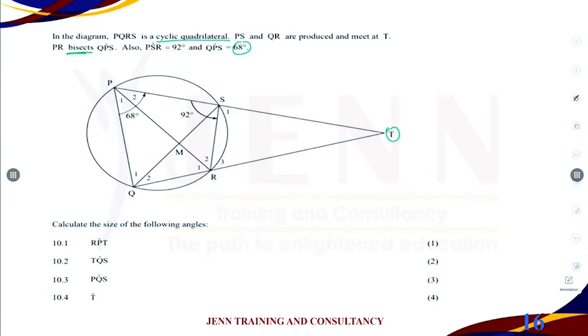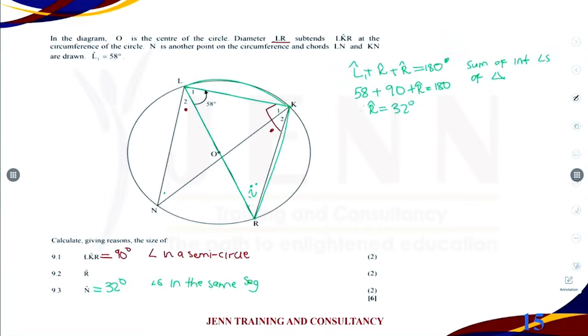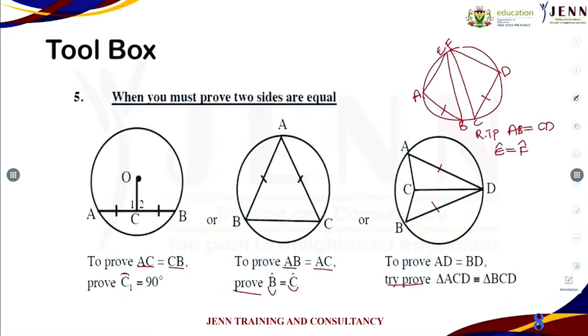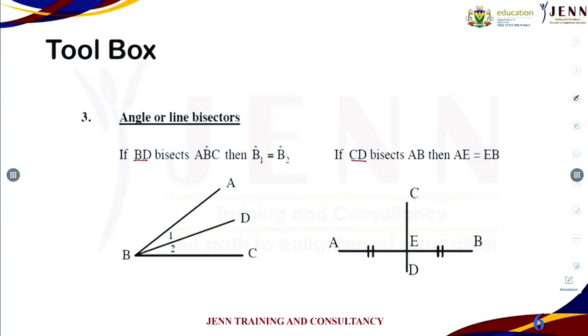Now, let me go back to our toolbox from when I started. I did mention that the minute you are given a line bisector, if BD bisects an angle, then what does it mean? It simply means the size of angle B1 is equal to angle B2.